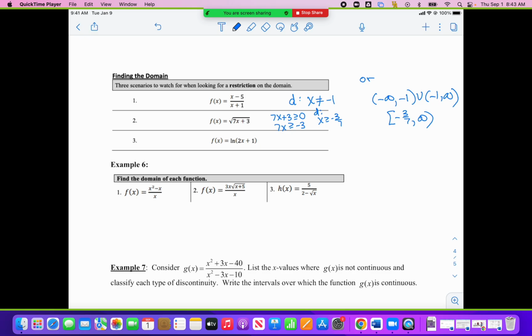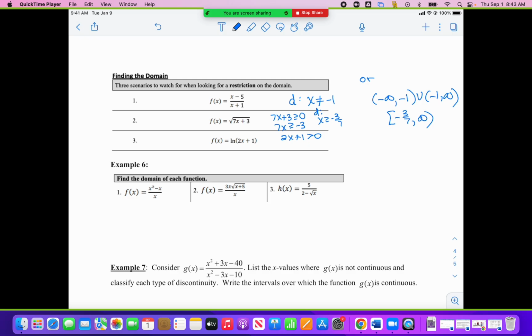Okay, so this is a good refresher for us. So I'm going to set 2x plus 1 strictly greater than 0. Remember, the answer to a logarithm is the exponent in exponential form. So say my base is 2, I can't get 2 to a power to equal a negative number. Even if my exponent's negative, it just makes it like 1/2 cubed, 1/2 to the 5th. I can't make it negative.